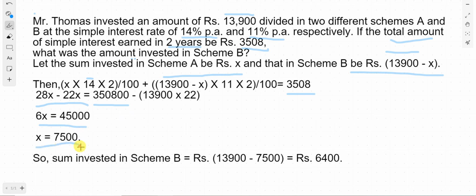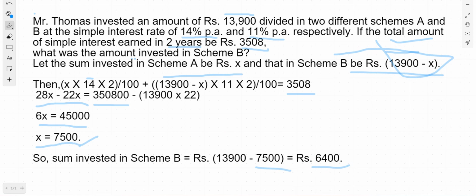So the sum invested in scheme B, we know it is 13,900 minus x. We have written it here clearly. So we will just put the value of x here and calculate the sum invested in scheme B, which is 6,400, and for scheme A it is 7,500. So this is the answer.